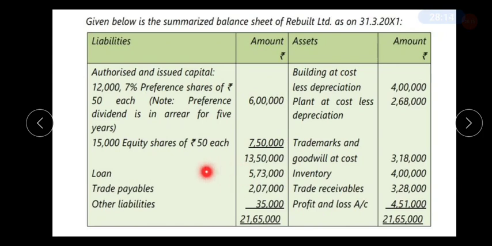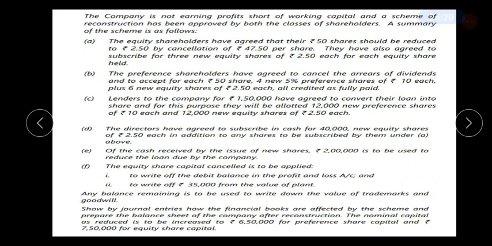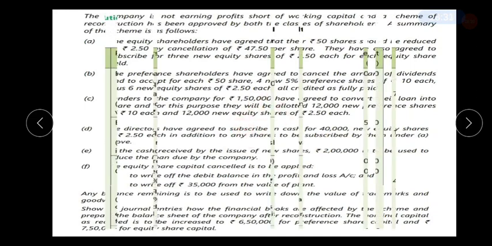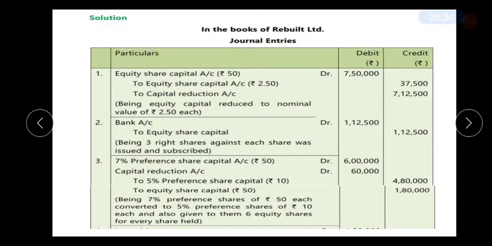But still there is some loan left, right? But you are paying that loan. You are paying 2 lakh loan by cash. So where is the source for that cash? The source is you have issued equity shares, so that you have collected cash. So cash is there.